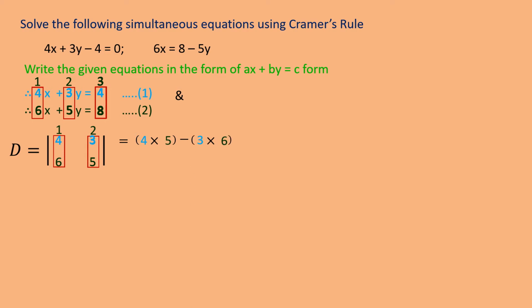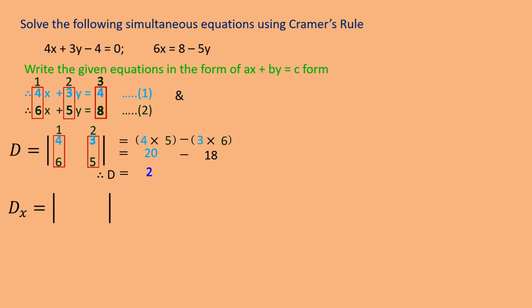We are separating them by brackets so that sign mistakes can be avoided. The next step: 4 into 5 will become 20, minus will come as it is, 3 into 6 will become 18. Further simplifying, therefore D will be equal to 2.